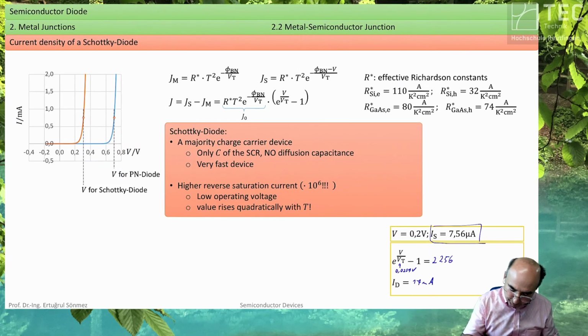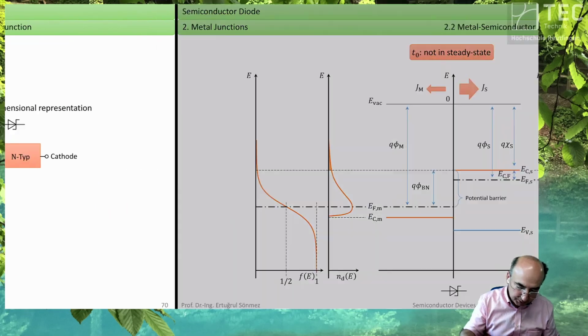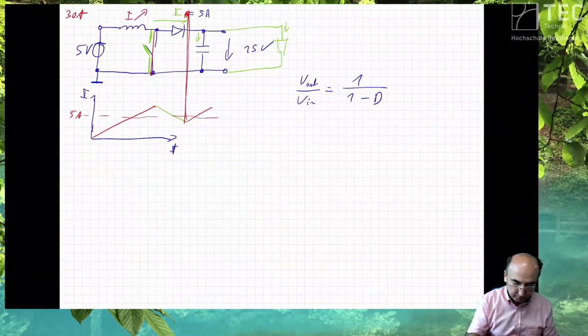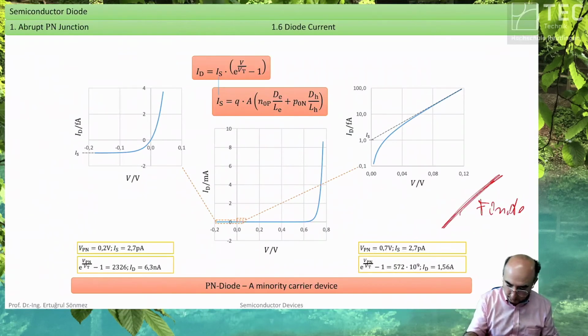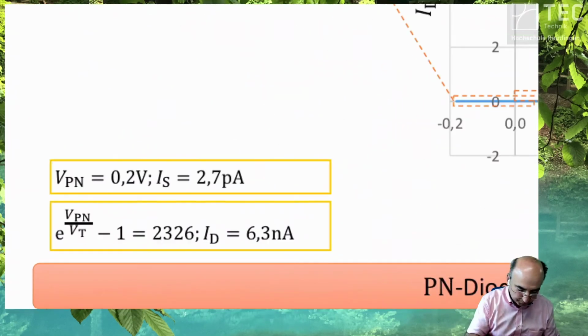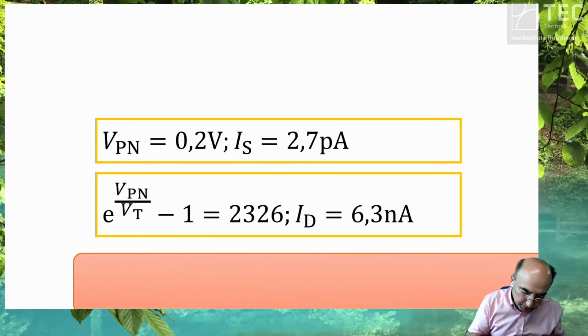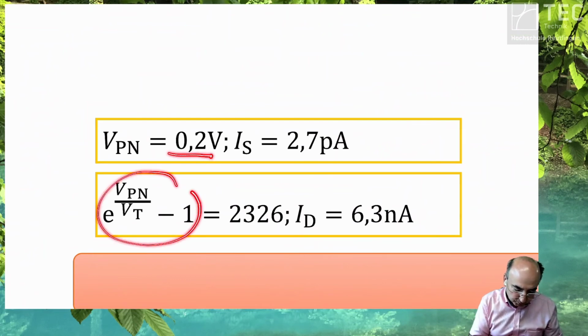Let's compare this calculation to the PN diode. We have done that also there. You remember? If you have 0.2 volts, this value, oh, okay, I have used a different thermal voltage.